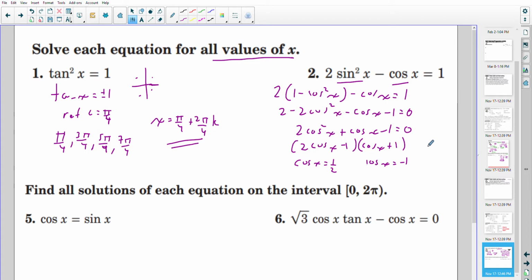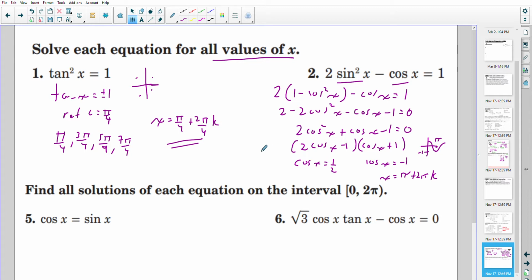Now, the easiest case is negative 1, so again, I like to draw it and figure out where it equals negative 1, and that's going to be at pi, or you can use the unit circle. So x is equal to pi plus 2 pi k.